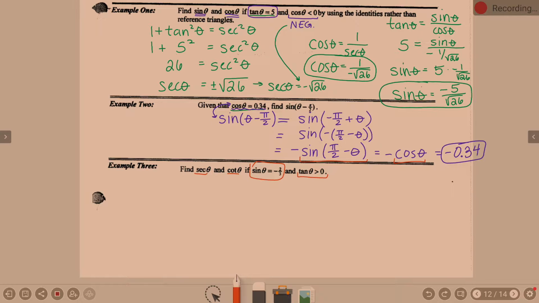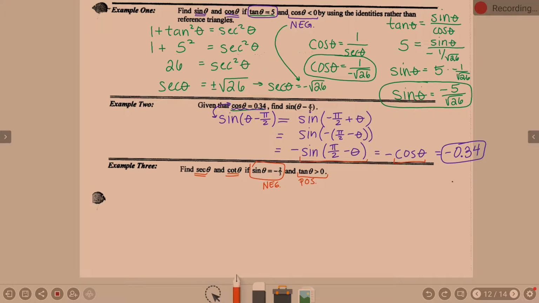For the record, tangent being greater than 0 just tells me that tangent is positive, which will definitely affect my cotangent answer. Sine is equal to negative 2/3. Well, if you want to go ahead and make the notice, that tells me that sine is negative. Is that going to be able to put me in a quadrant eventually? That's going to be able to put me in a quadrant if tangent has to be positive and sine has to be negative.